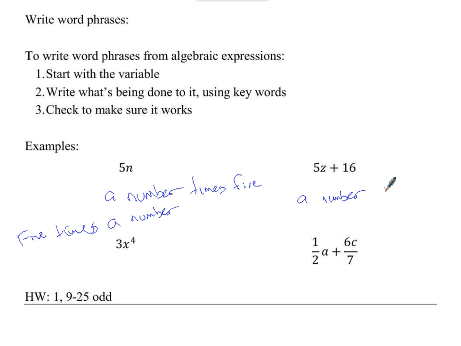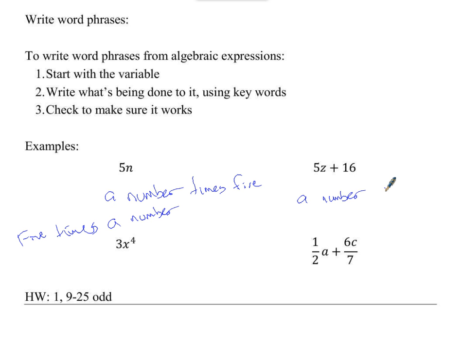All right, what am I doing to a number first? Multiplying it by 5. So how could I write that? So I could write a number multiplied by 5. Is there another way I could write that? 5 times a number, or 5 multiplied by a number, right? Or the product of 5 and a number. All of those would work.